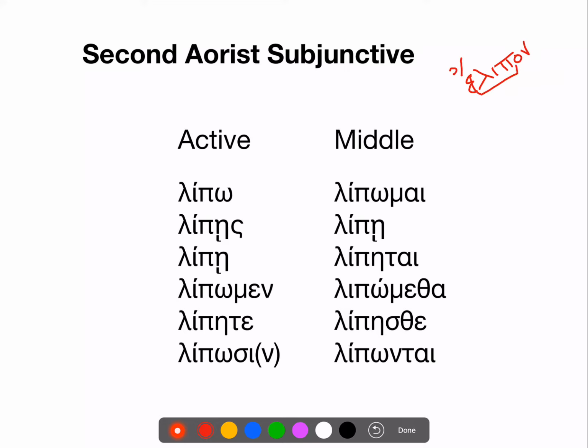There's the stem without the augment, lip. And for the second aorist subjunctive active, we add the same endings to that stem from the third principal part. We add the same endings we know from the present subjunctive active. For the middle, we take that same stem and we add the endings we know from the present subjunctive middle.